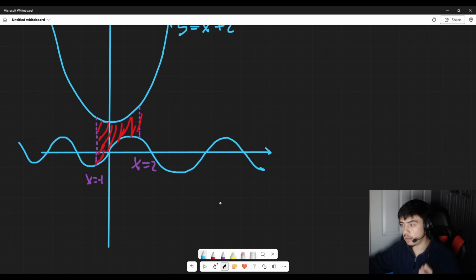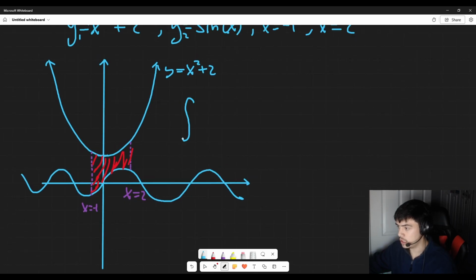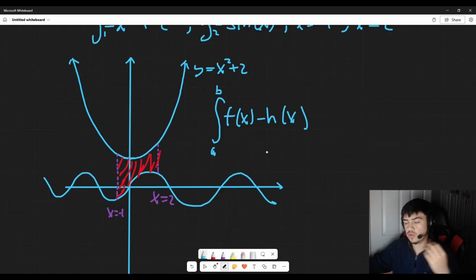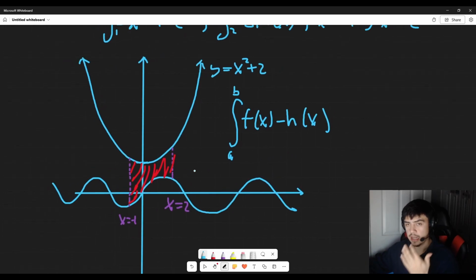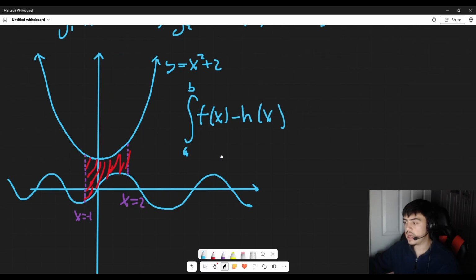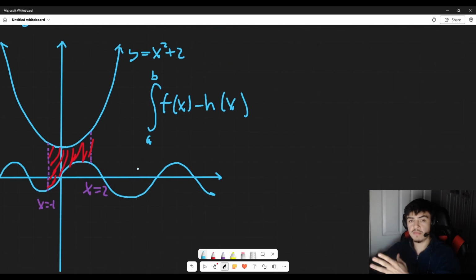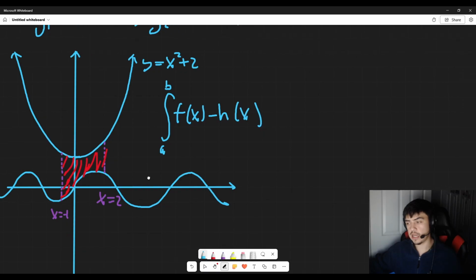So remember, the formula is the integral from a to b of our top function minus our bottom function. In this case, it's pretty obvious what our top function is. It's the parabola x squared plus 2. And we're going to subtract from it the bottom function, which is just sine x.